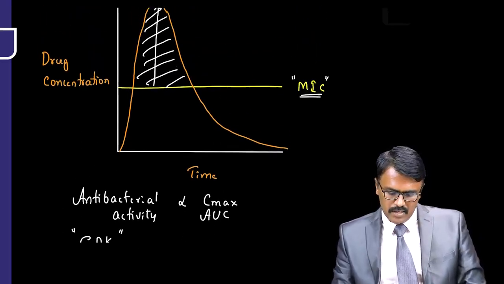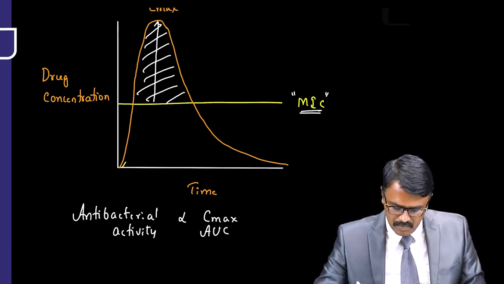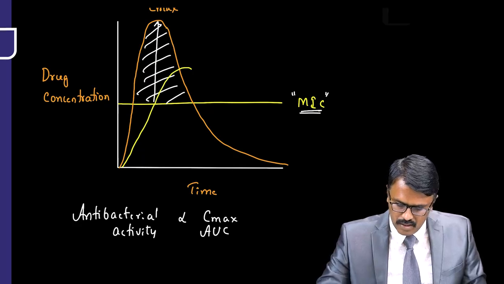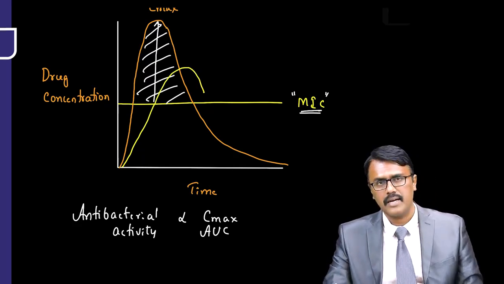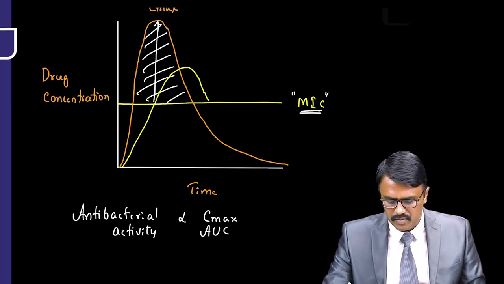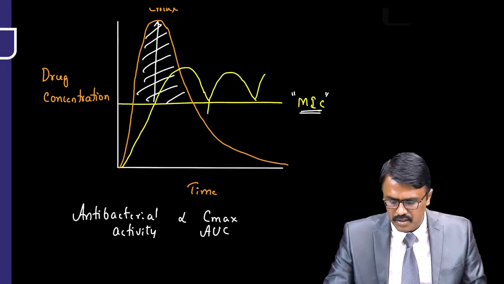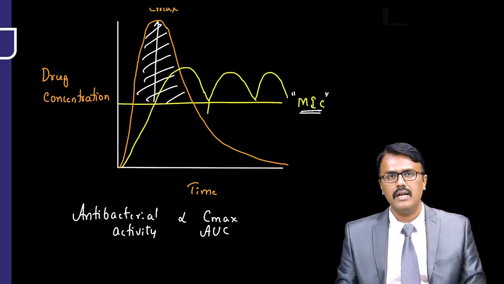Now another important aspect: there are certain drugs which have antibacterial activity only if they are above MIC. If they come below this, they don't work. So you have to give the drug again, then they will kill. If it comes down again, you have to keep it above, and only then will they have antibacterial activity.